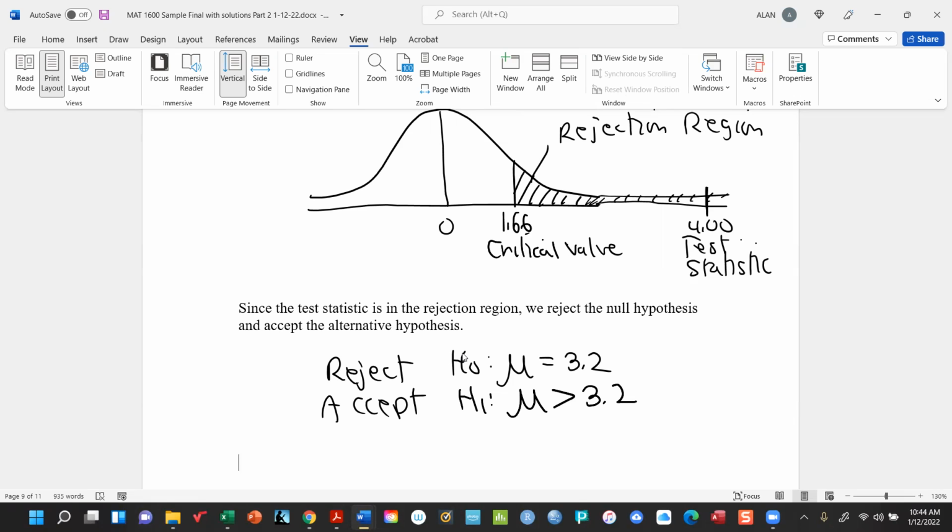Maybe it gives them bragging rights, who knows, but they now have hard evidence that the mean is above 3.2 without having to actually check every single GPA. They have enough evidence to suggest that the mean is actually higher than 3.2. All right.